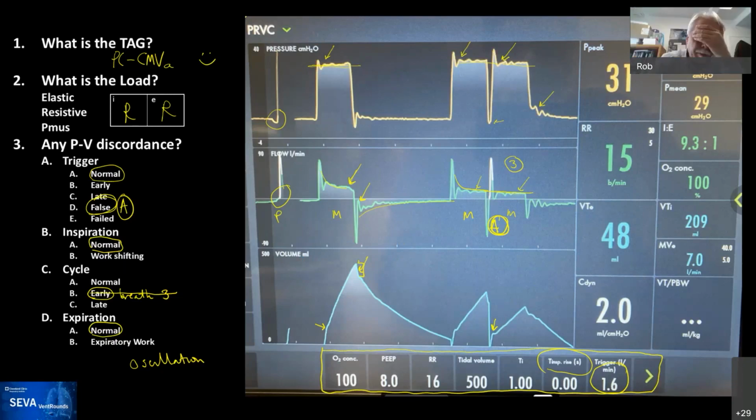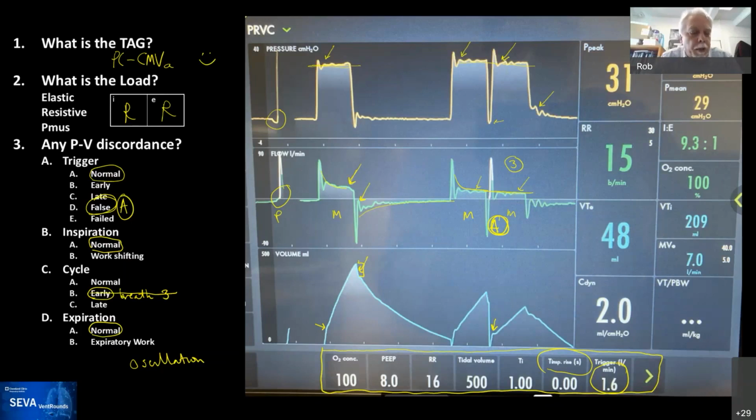I think you have better distribution with volume control with constant flow rather than pressure control. That was a paper on a 2-compartmental model with 2 time constants.